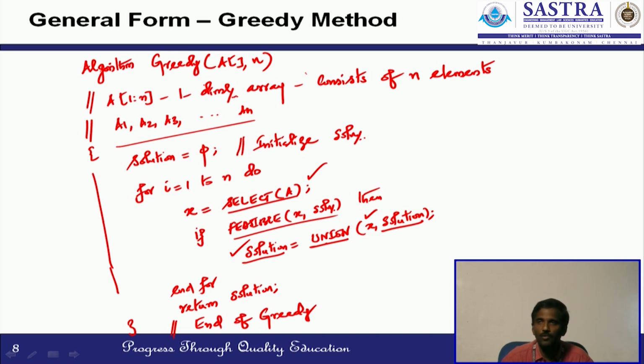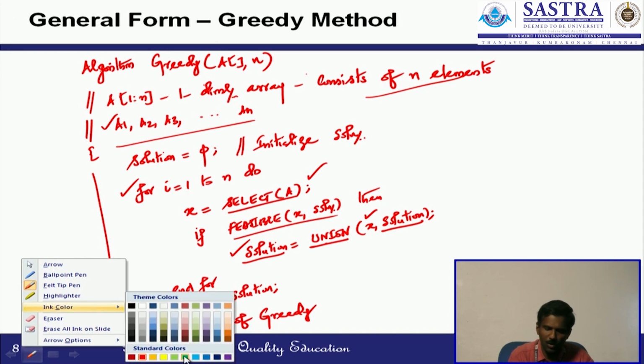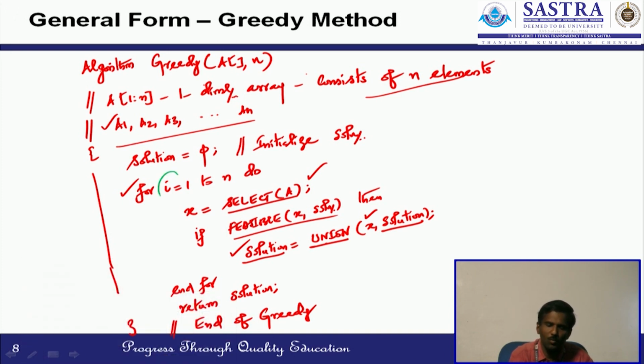We have obtained the solution of the k sub problems individually. Then the solutions of the sub problems are combined to form the solution of the original problem. In the same way here, we have considered the n inputs. One input is considered at a time. That's why we have introduced a for loop, for i equal to 1 to n.